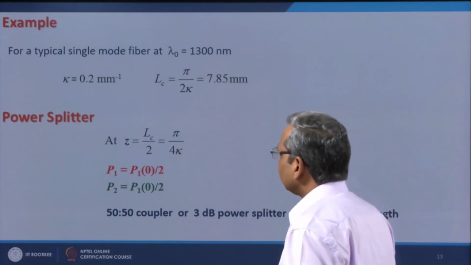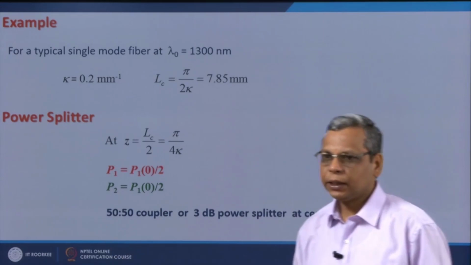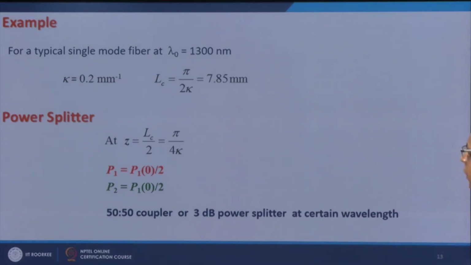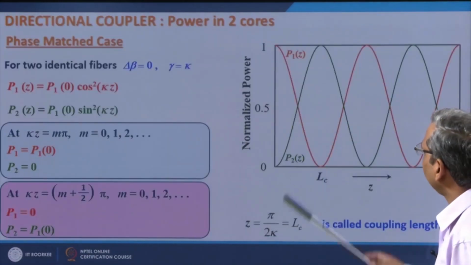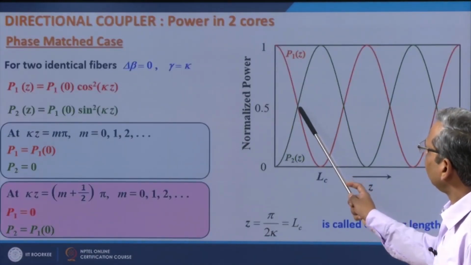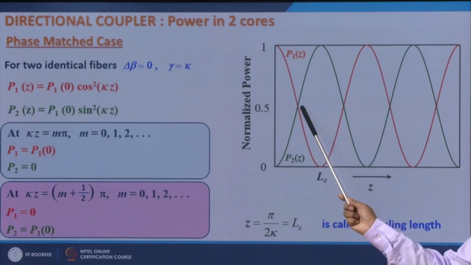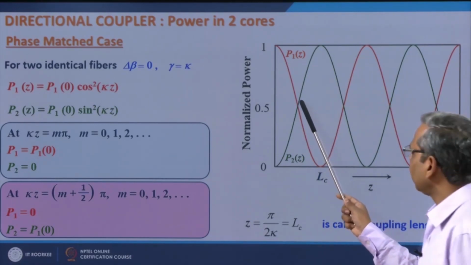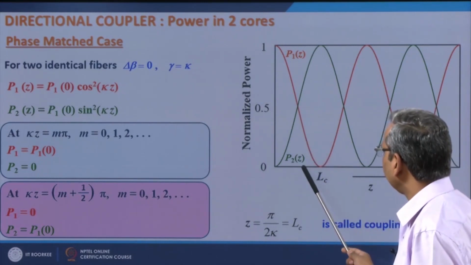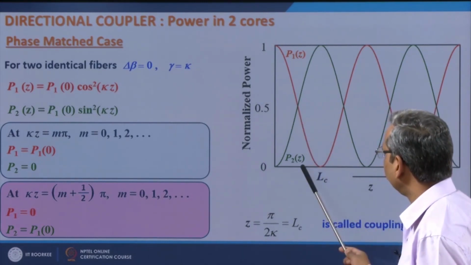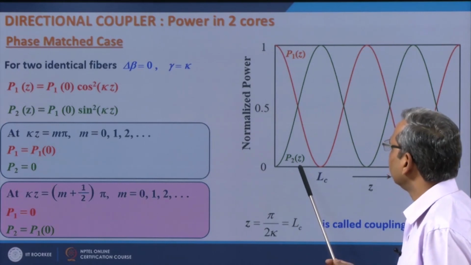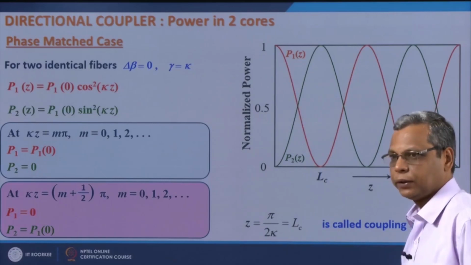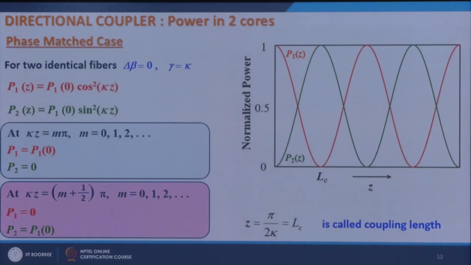I can also make a power splitter out of it. If you work at the point where you have the power in both the cores equal, then it is a 50-50 coupler. So, you can work at this length. If the interaction length is LC by 2, then 50% power will be in core 1 and 50% power would be in core 2, and then it is a power splitter.